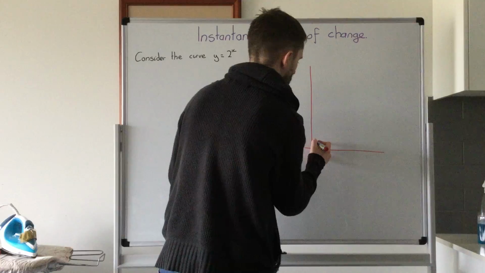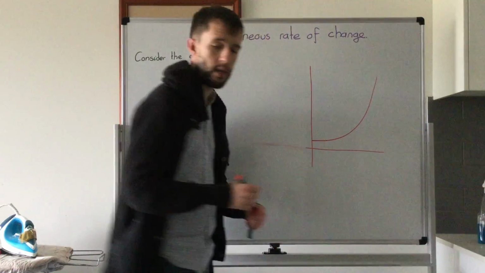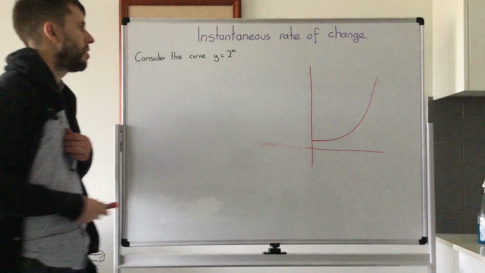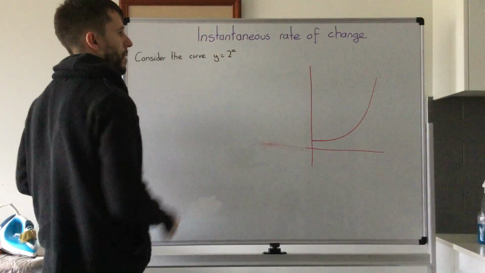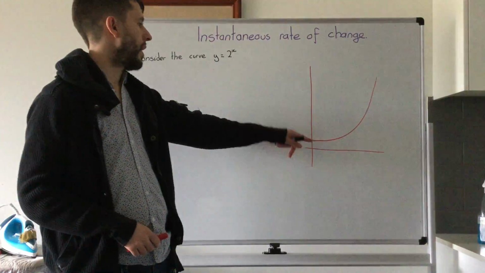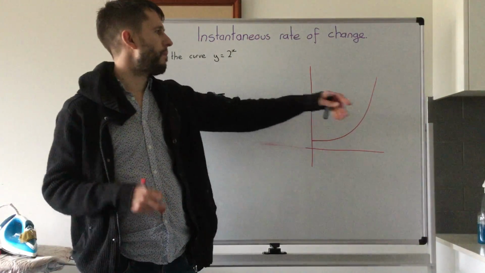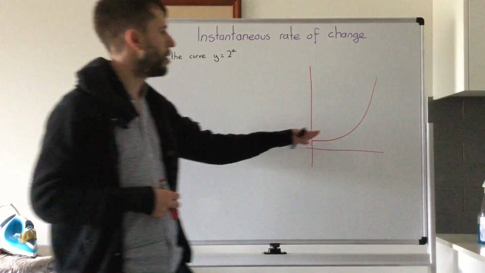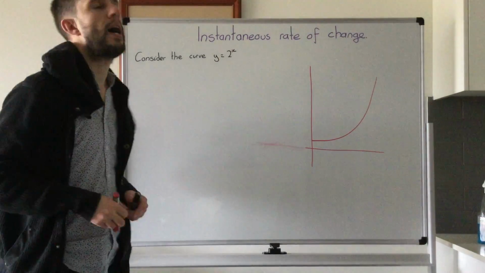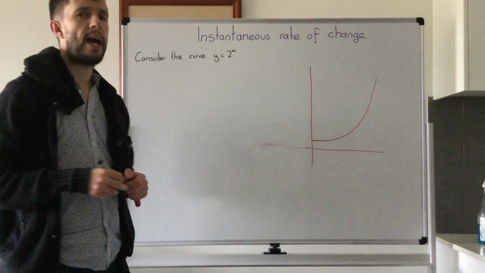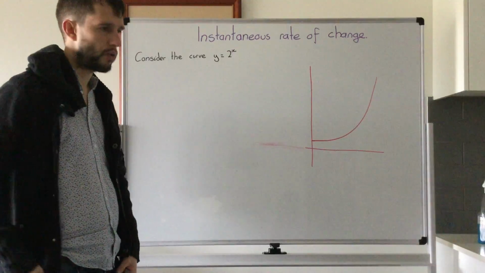So that just means it's going to be a curve like this. Because if we've got 2 to the power of 0, that is going to be y equals 1. So now if I'm thinking about exponential growth, it's going to keep on going higher and steeper. Now, there's a few things we need to look at about finding instantaneous growth.